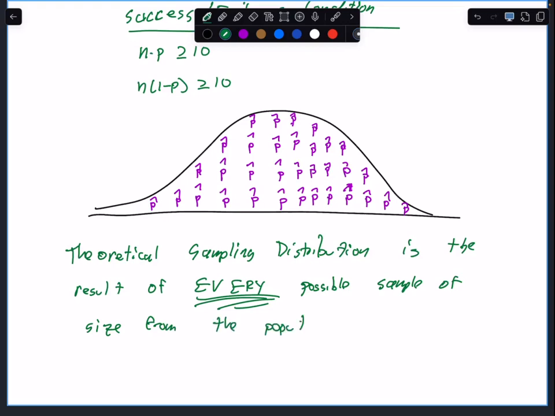I'm not going to go into it too much, but this is a very important thing if you're really going to be studying statistics. Understanding what the theoretical sampling distribution is.